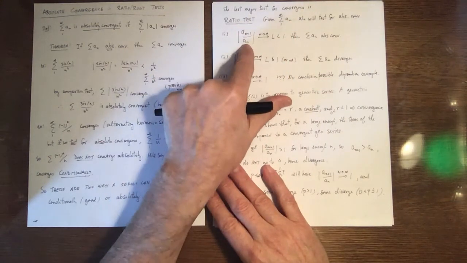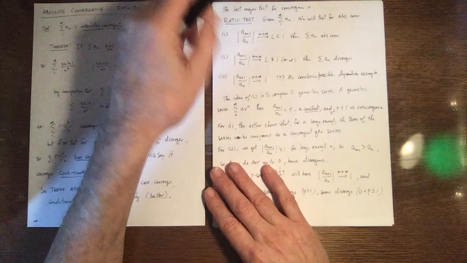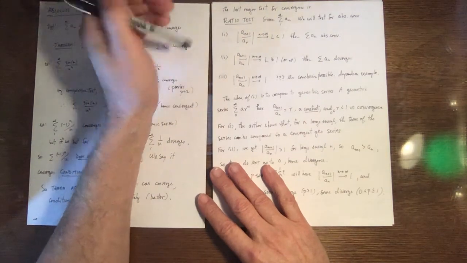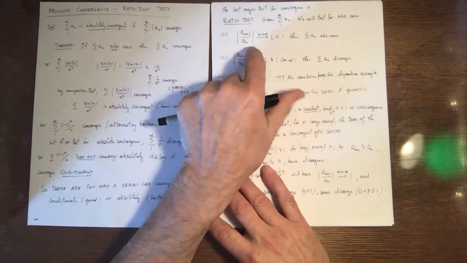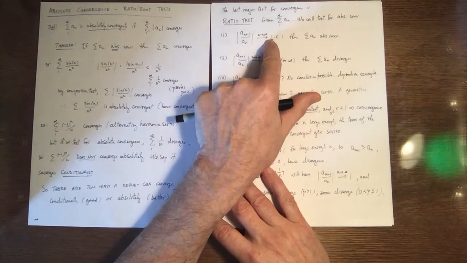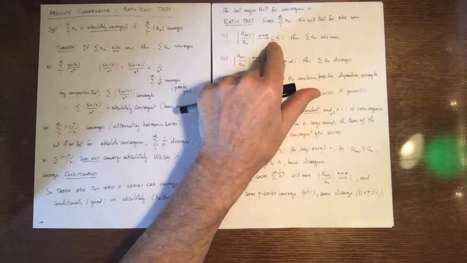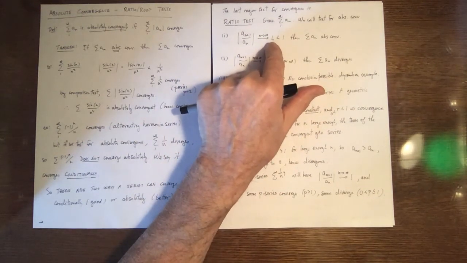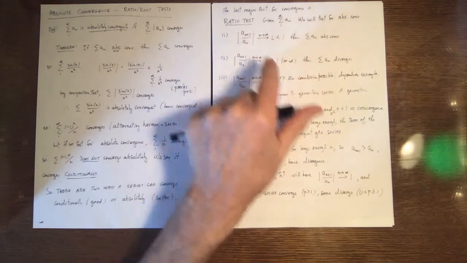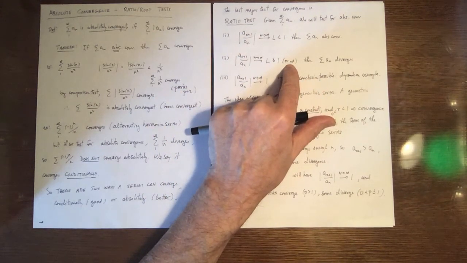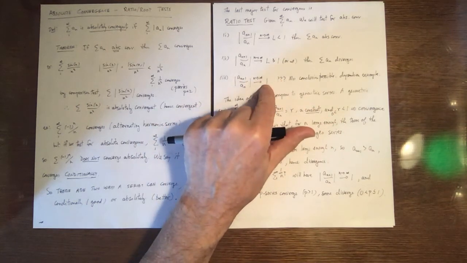We take the ratio of successive terms, the n plus first term divided by the nth term, and then take absolute values. And now the deal is pass to the limit as n goes to infinity, and let's assume it approaches a limit, L. That limit could be less than 1, could be greater than 1, or of course that includes infinity, or it could be 1.